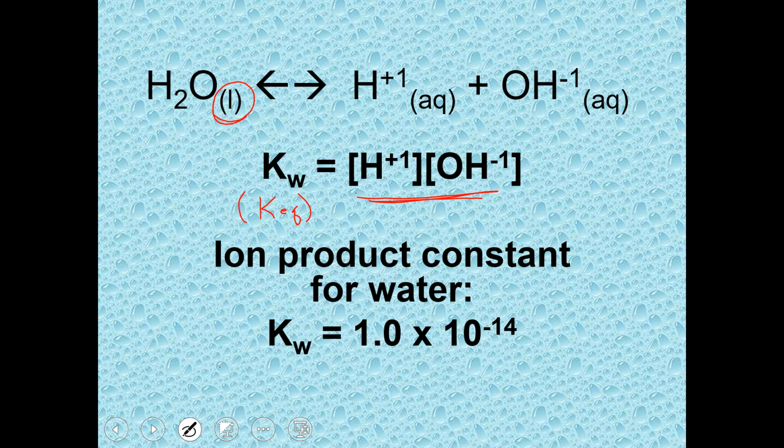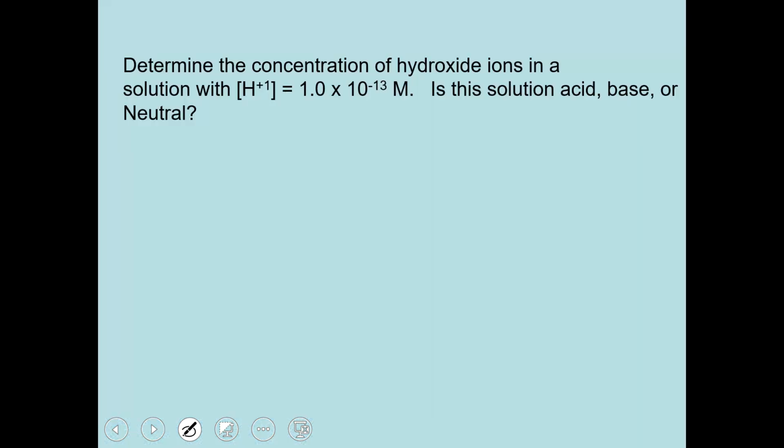Yeah, it does change a little bit with temperature, but we are going to do all of our problems at 25 degrees Celsius, which is considered room temperature. And for that, this is the value that we use to plug in here and be able to set up an equation to find the hydrogen or the hydroxide ions in a solution.